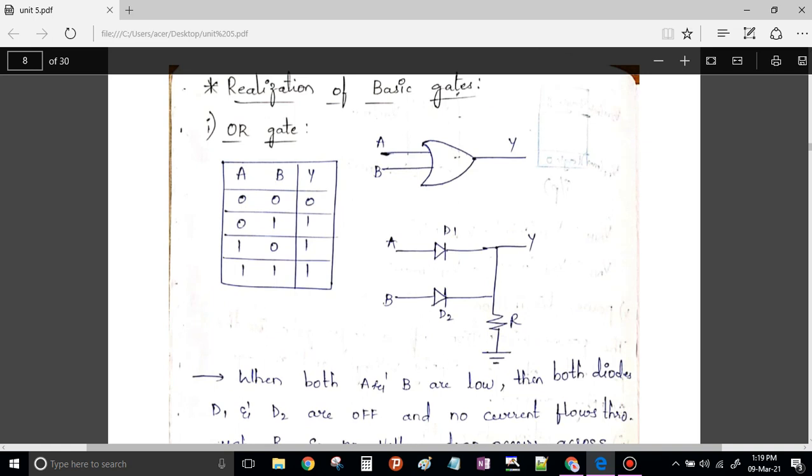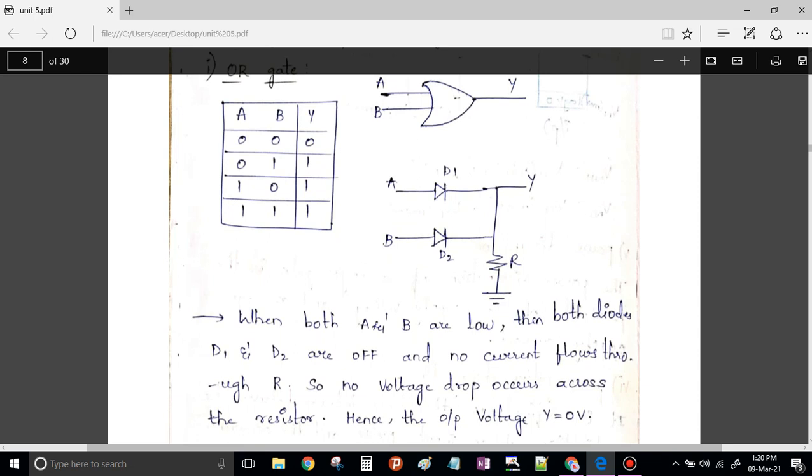When both are 0, the output is 0. When both are 1 or any one of the inputs is high, the output will be high. That's it, without going into much detail about the internal operation of these two diodes.